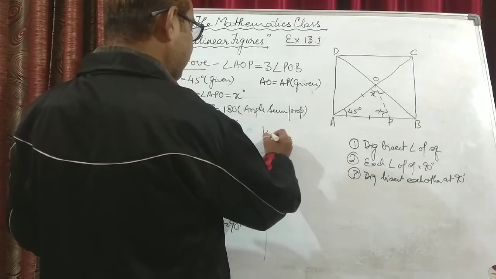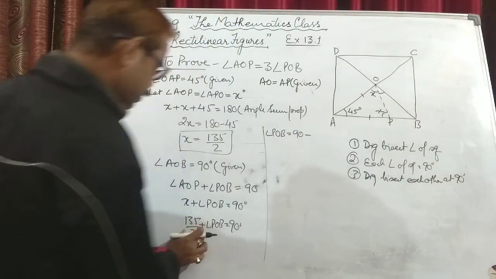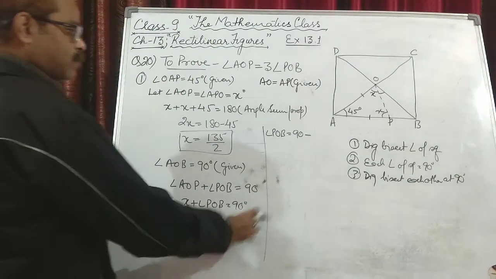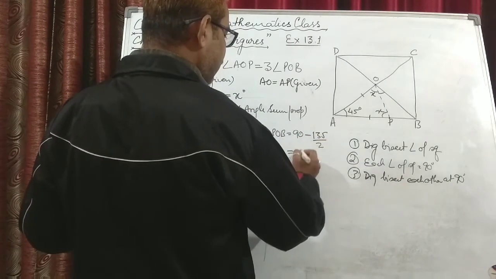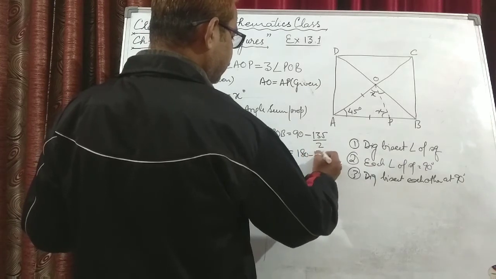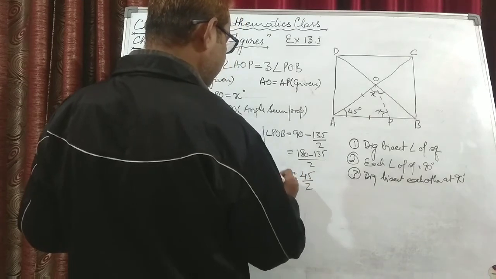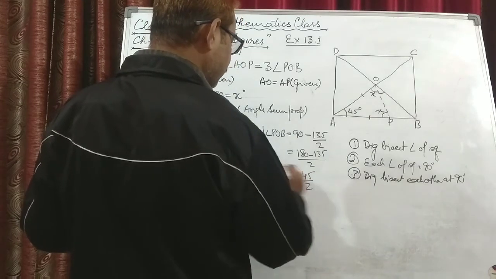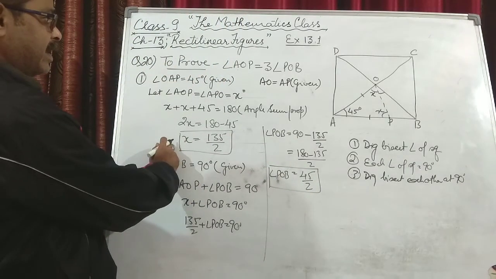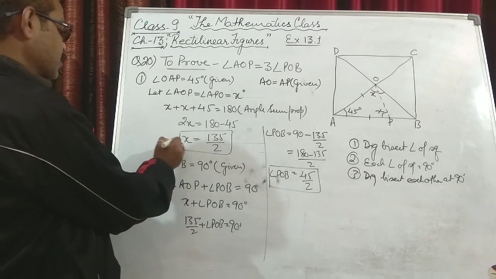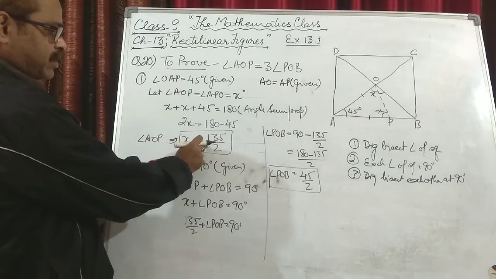We can say that angle POB is equal to 90 minus 135 upon 2, as this portion goes to the other side of the equal sign. So 90 is 180 upon 2, and 180 minus 135 upon 2 becomes 45 upon 2, angle POB. The value of angle POB we are getting is 45 upon 2, and angle AOP we are getting 135 upon 2.